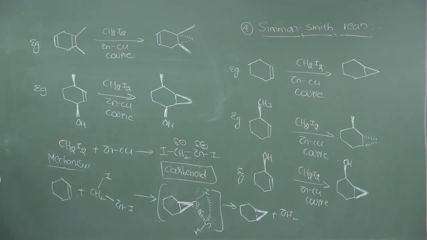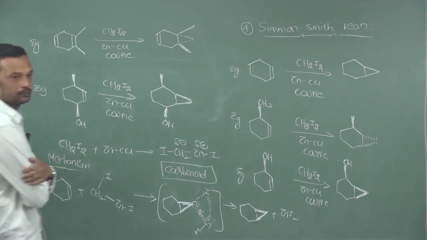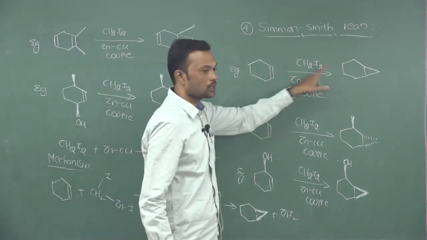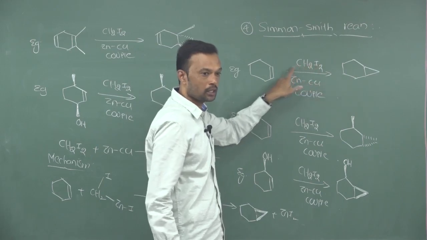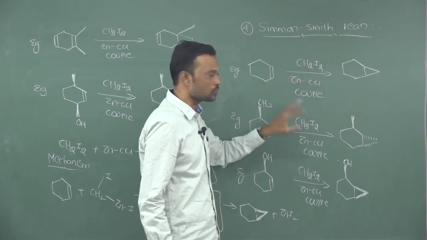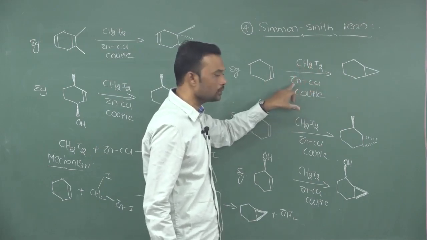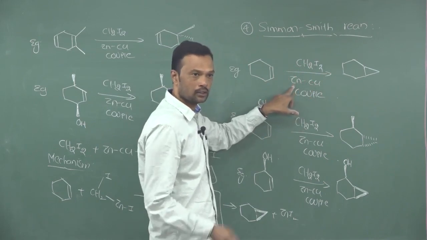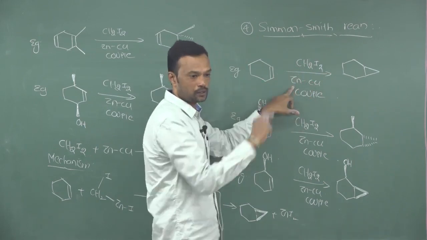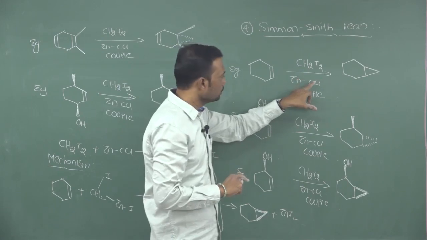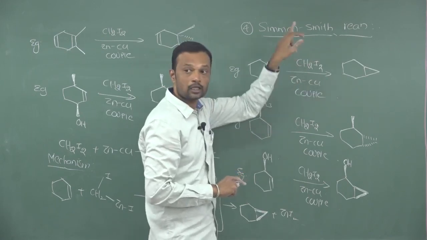What is the Simmons-Smith reaction? Conversion of olefin to cyclopropane in the presence of diiodomethane and zinc copper couple. You can also say copper activated zinc. Who is activating? Copper is activating zinc to participate, not zinc activating copper.